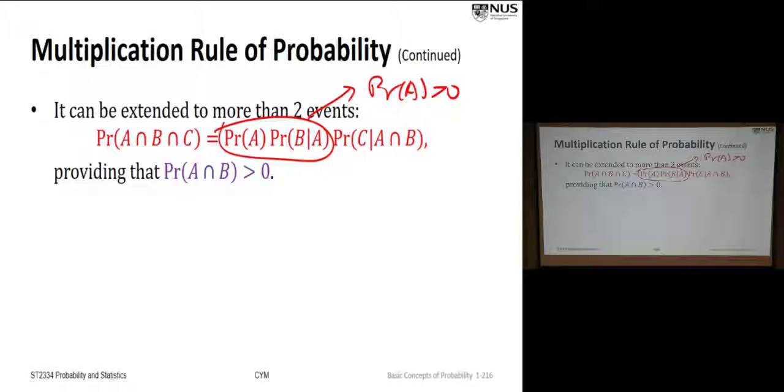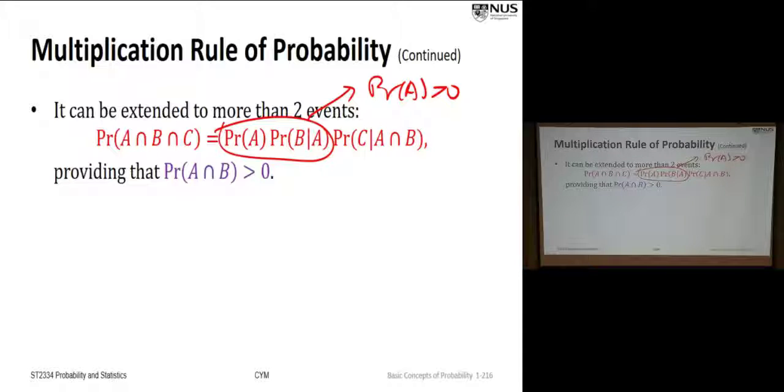A intersect B is smaller because it needs to have both A and B. So anything in A and B must be in A, but something in A may not be in A intersect B because it may not be in B. So A is a bigger set.